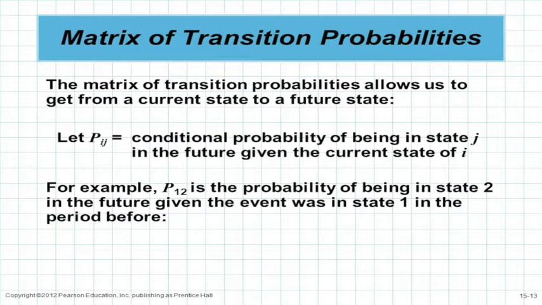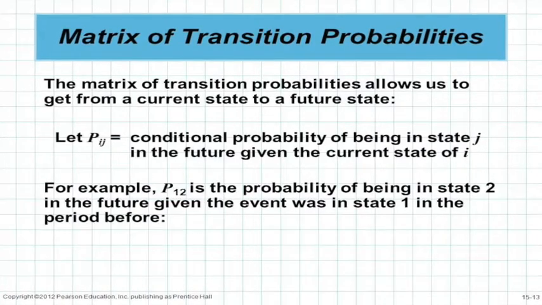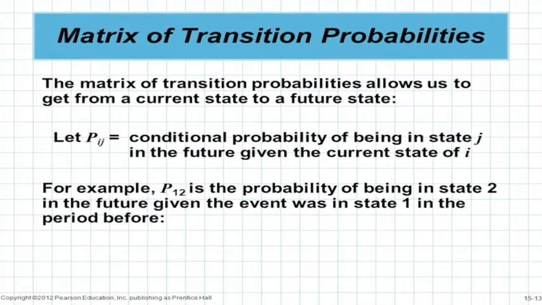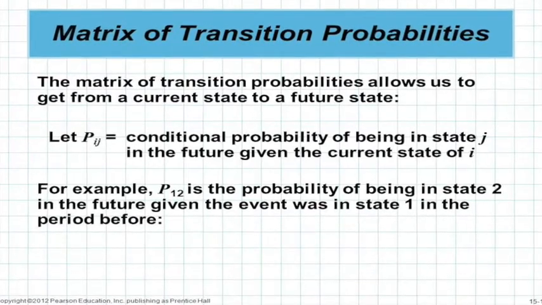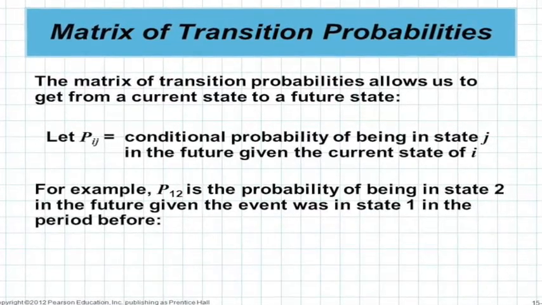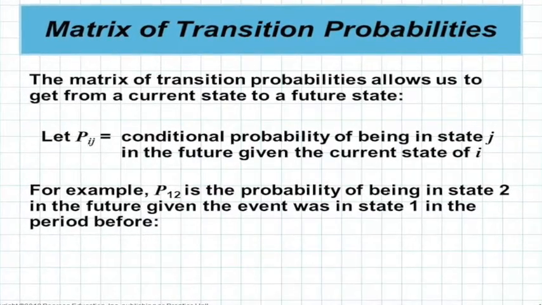Matrix of transition probabilities. The matrix of transition probabilities allows us to get from a current state to a future state. Let Pij be the conditional probability of being in state j in the future given the current state of i.